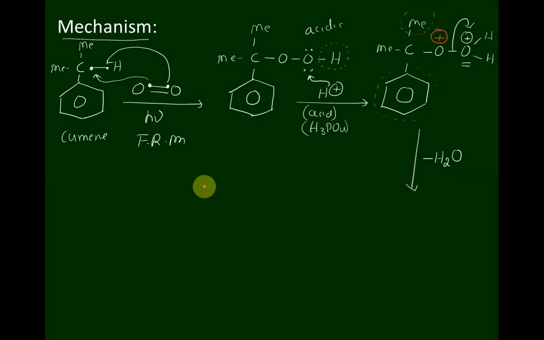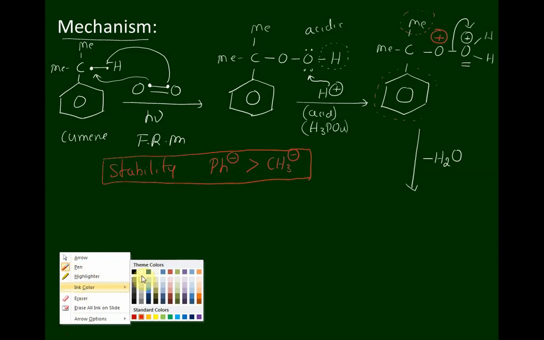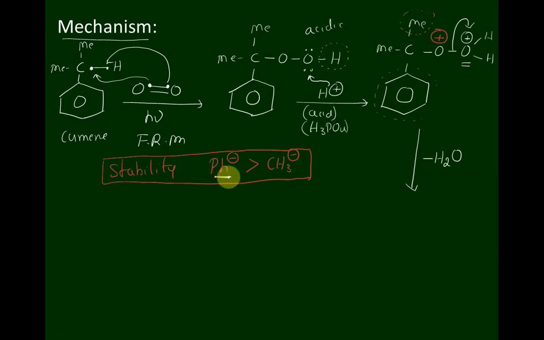And we know that the phenyl group is more stable than the CH3 group. I am going to explain the stability concept for shifting. So the phenyl group is more stable than CH3 due to resonance.